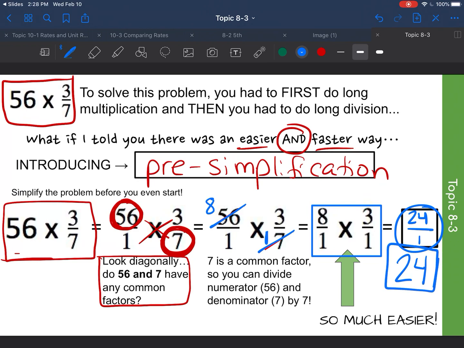Keep in mind that you can also use pre-simplification. Look diagonally. We couldn't do diagonally 3 and 1 because there was nothing besides 1 that can be divided. But for 56 and 7, 7 can go into both. If you use that pre-simplification, your problems will be a lot easier to solve.